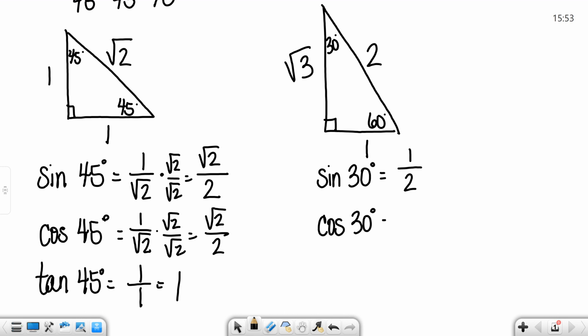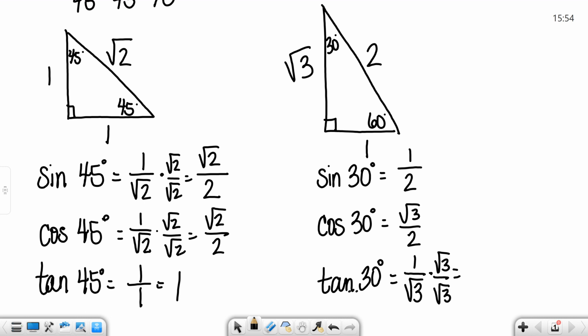The cosine of 30 degrees would be adjacent, the square root of 3, over the hypotenuse 2. The tangent of 30 degrees would be opposite, 1, over adjacent, square root of 3. You cannot leave a square root in the denominator, so we must rationalize. Square root of 3 times square root of 3 is square root of 9, which is 3.